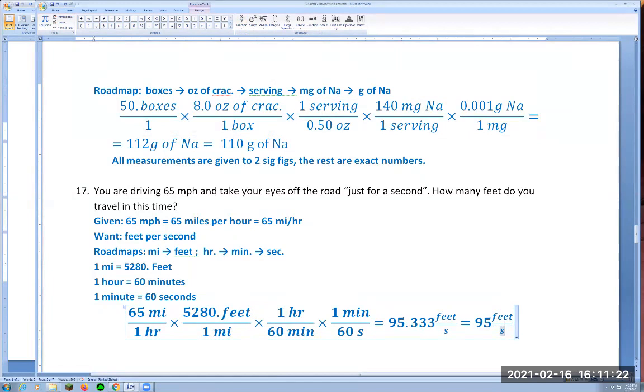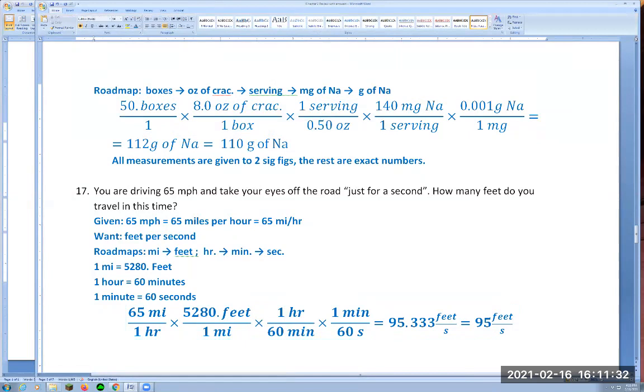Well, when you think about it, it's 95 feet in 1 second. So that's a long distance. If you have an obstacle, you will definitely hit it. So you don't want to have your eyes off the road even for just a second.